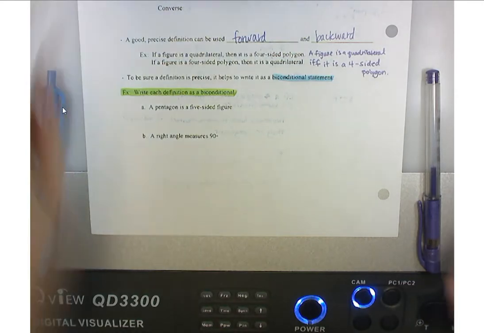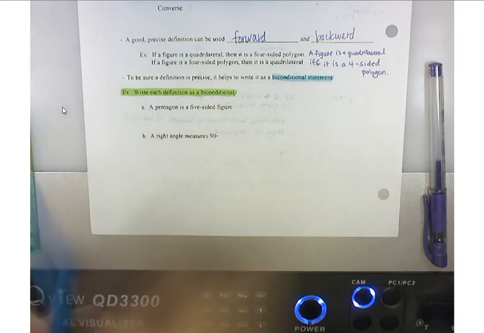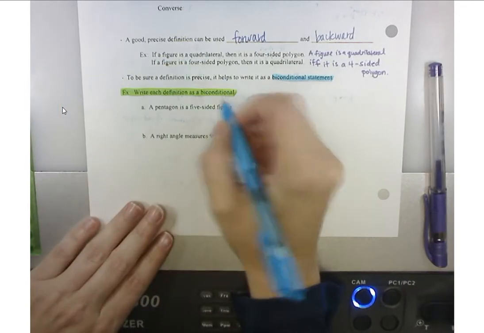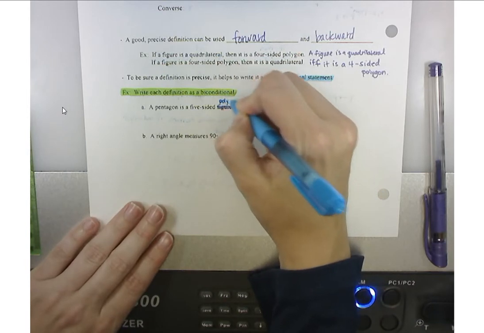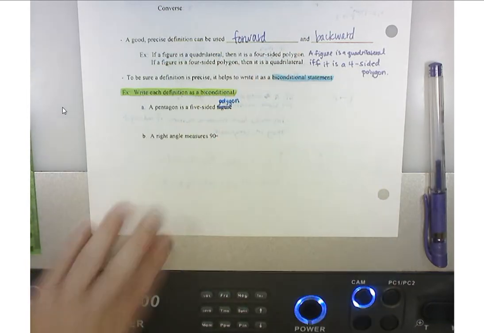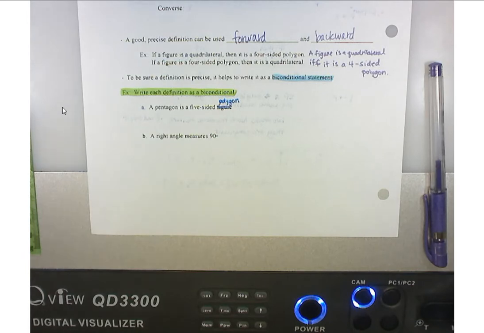Oh, and the pentagon should say a pentagon is a five-sided polygon. Like when you started it, did you say a shape? Yeah, that's fine. Remember with the birds, we had the birds and the blue jays, and in general, all birds are animals, so we added that in.